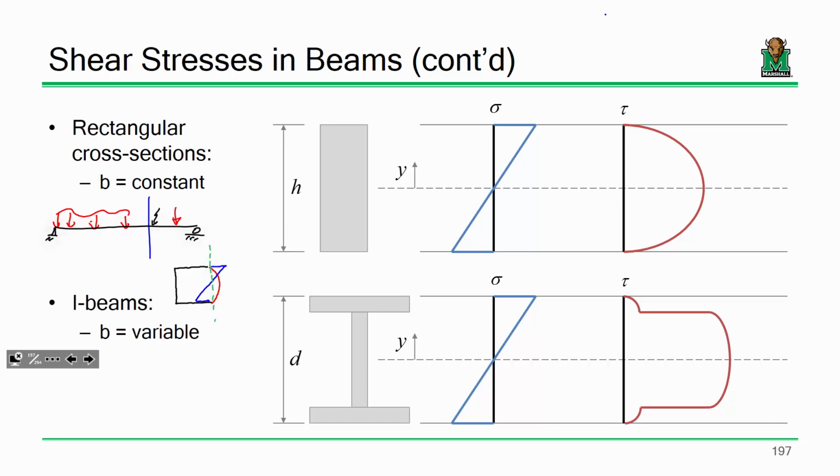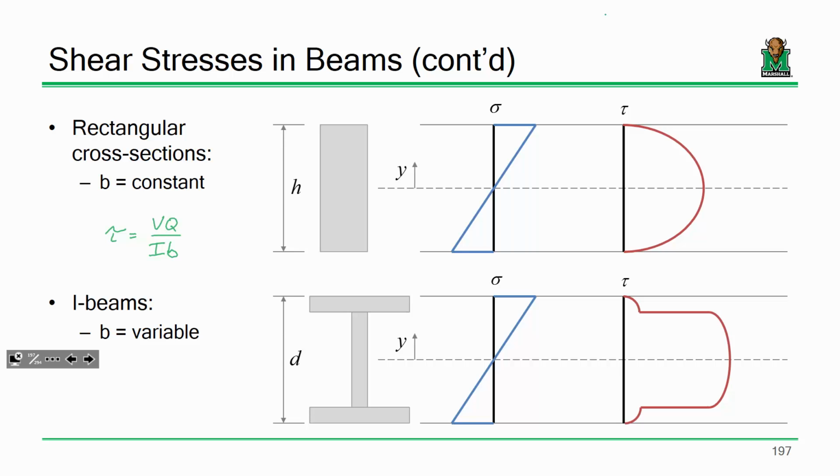Okay. Now, what I was going back to here is I want to look at what shear stresses look like for different sections. Now, keep in mind, here's our equation, right? Our equation is VQ over IB, okay? Now, the difference between this and this is that the B changes, okay?